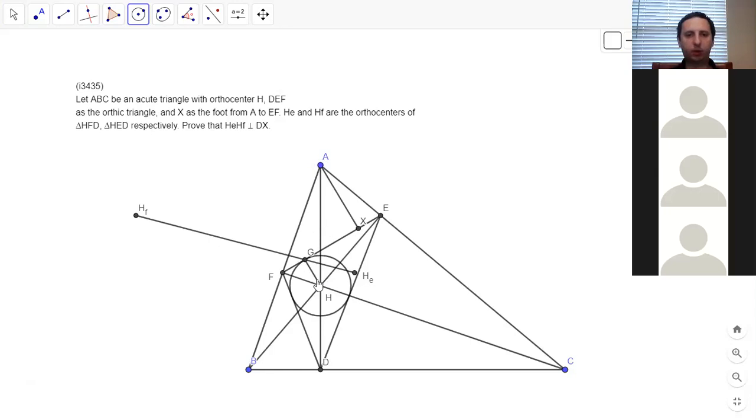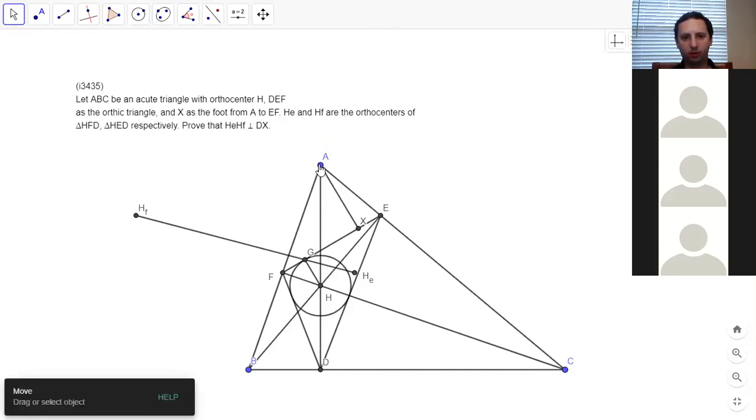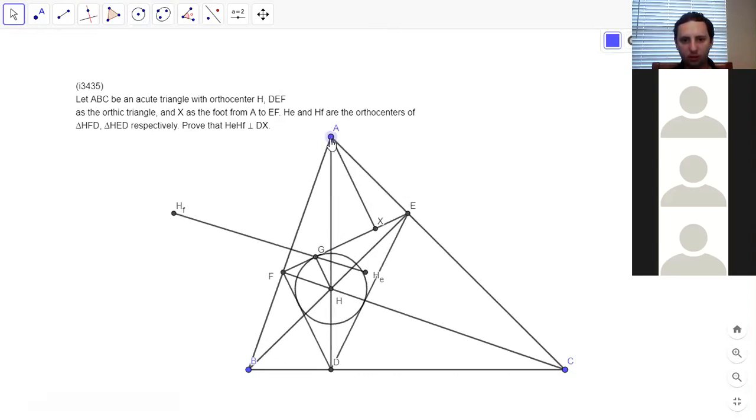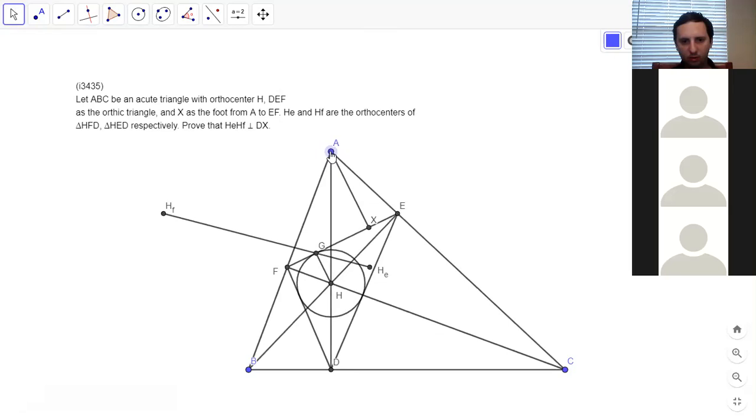So it's well known that this H_EH_F can be proved by a polar argument. There's a lemma in triangle ABC: if H is the orthocenter of BIC, then the polar of H with respect to the incircle is the line connecting the midpoints.